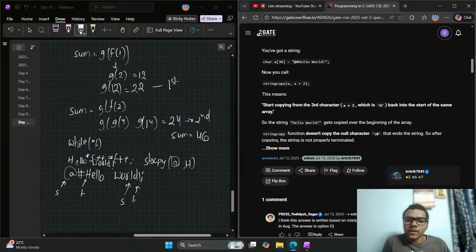Start copying from the third letter back to the start of the same array.